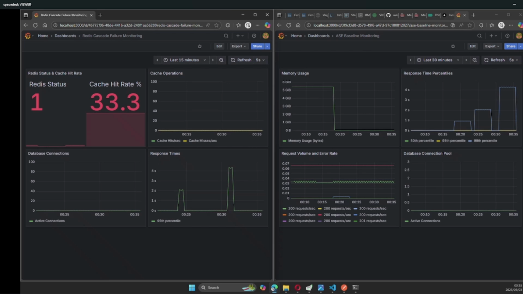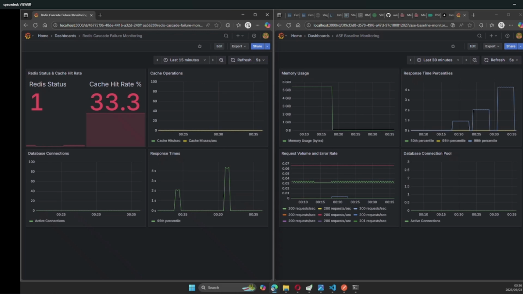As I showed earlier, the logging is so important because structured logging with correlation IDs enables request tracking through failures. The memory pressure logs show the allocation progression, and the Redis failure logs show the cache miss patterns. So ASE will use this data for timeline reconstruction.